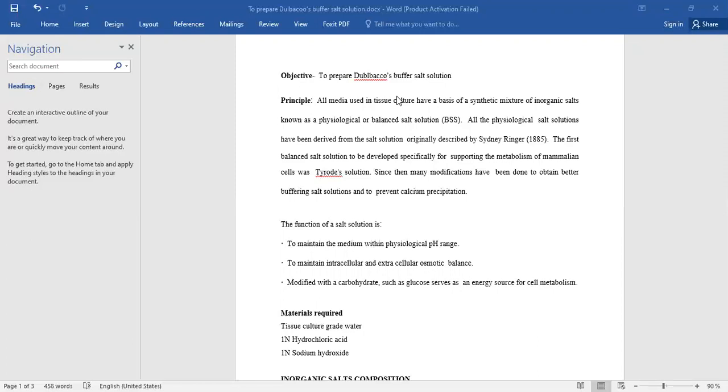media are natural sources such as animal cells, serum, blood samples, albumins. So these are the natural media which are essential for the cellular growth of the animal cell, but this is not enough for the growth of animal cells. So for the growth of animal cells, we need to add some salts so that the salt balance should be maintained in the animal cells.